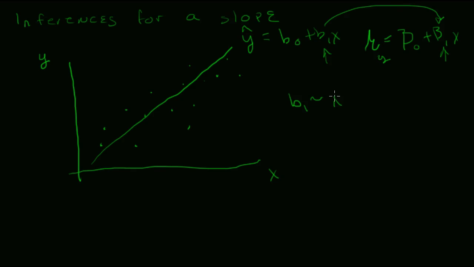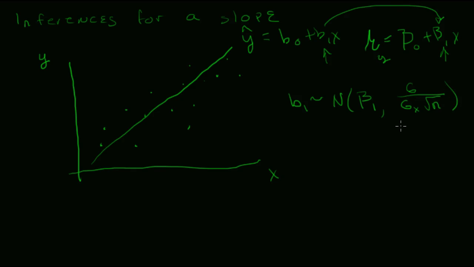They're actually going to be distributed normally with a mean around the actual slope beta 1, with a standard deviation, and this is going to be weird. It's going to be sigma over the standard deviation of the x's times the square root of n.